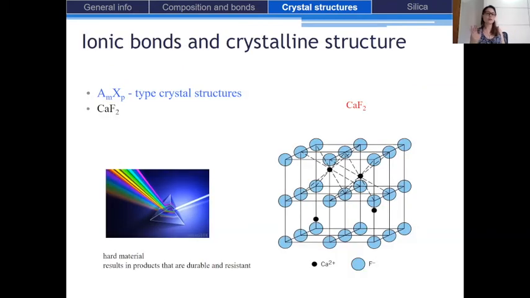Now let's consider the cases in which the number of anions and the number of cations are not equal in the chemical formula. So we will write this kind of composition in a general way as A_mX_p, and m is not equal to p.